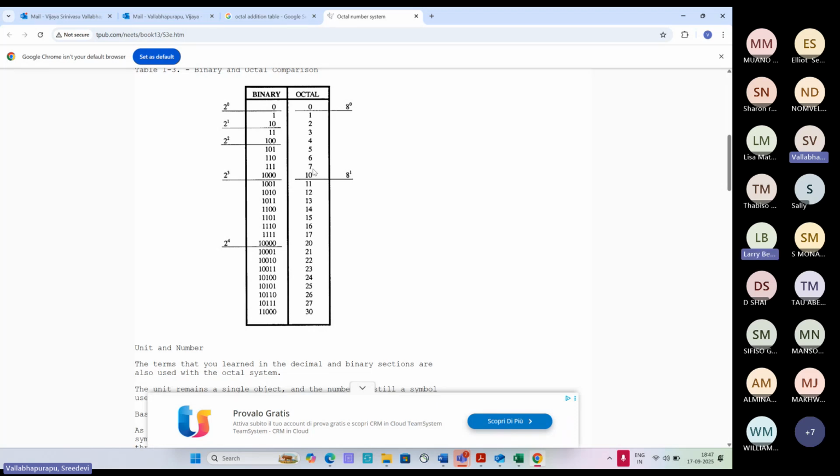But from 8 onwards, it changes. So in octal, 8 is 10. In octal, 9 is 11. So now we have here 9. So now 9 is 11.